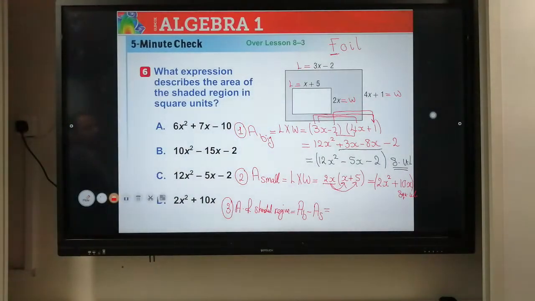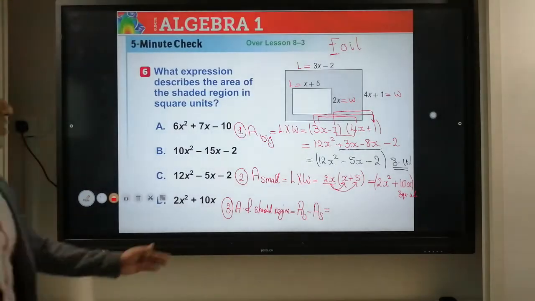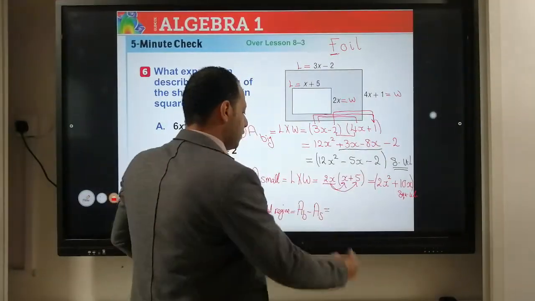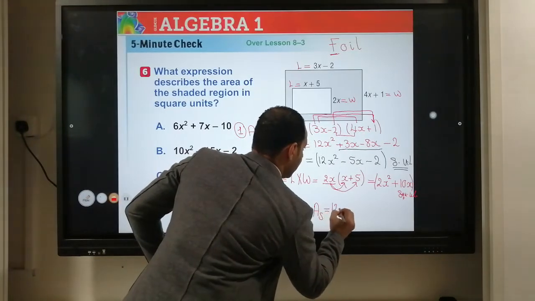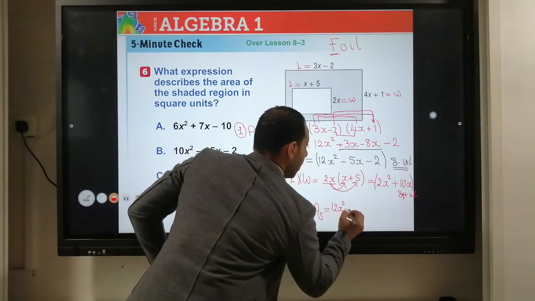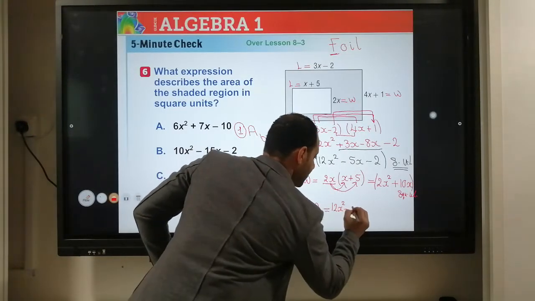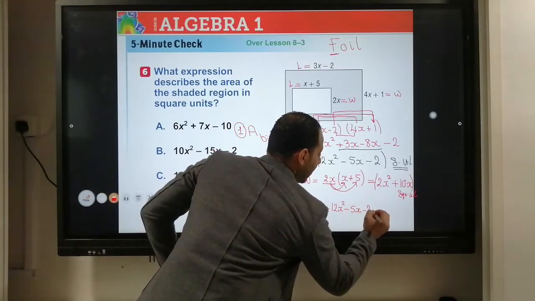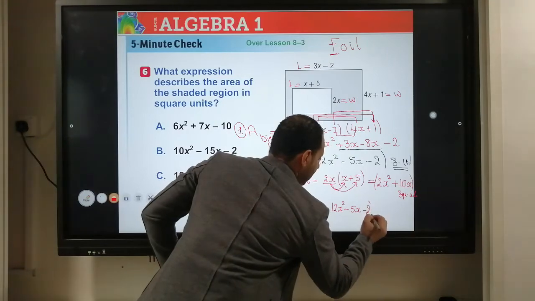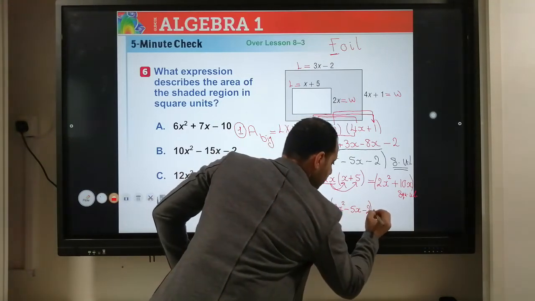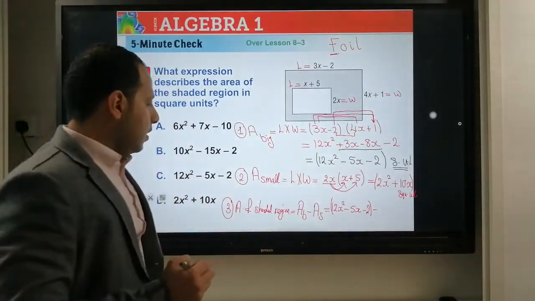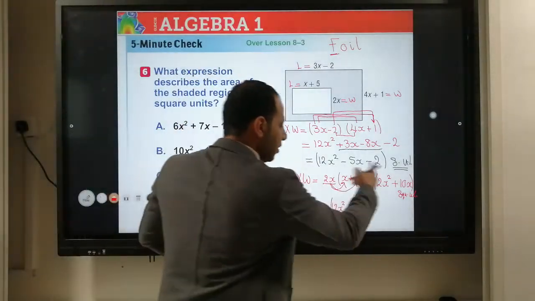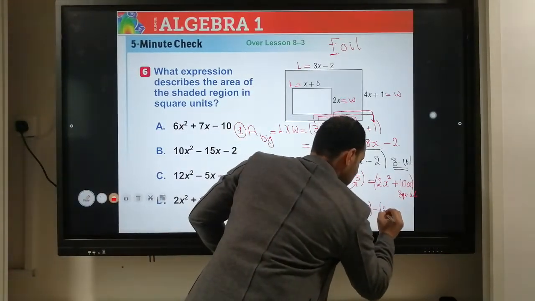Start to make the subtraction. I just write the area of the big, which is 12x squared minus 5x minus 2. The other will be subtracted from this.